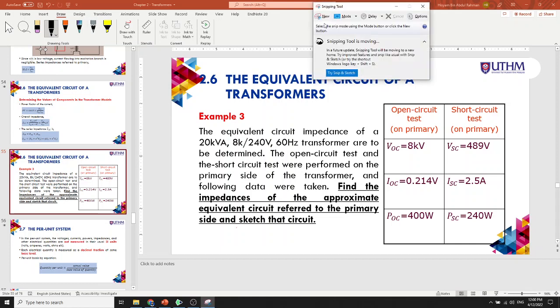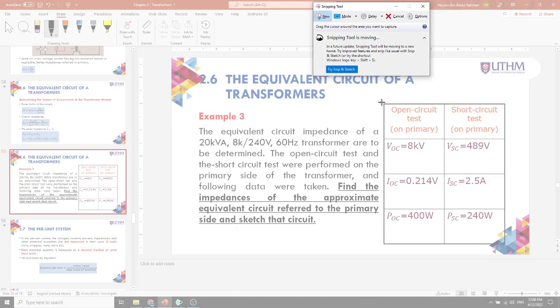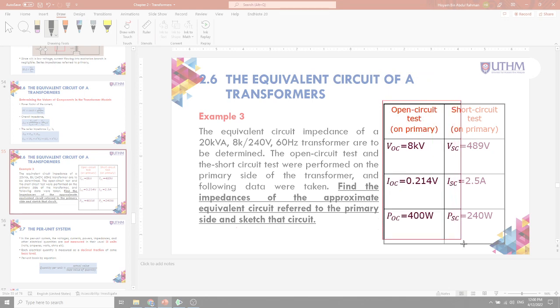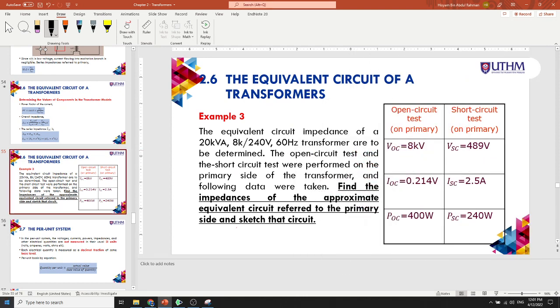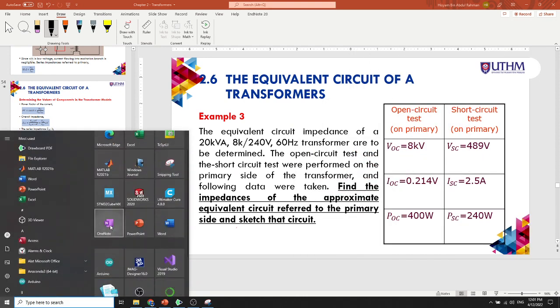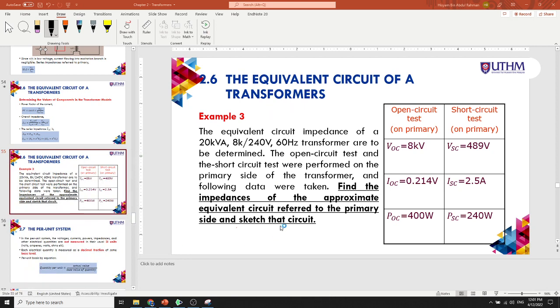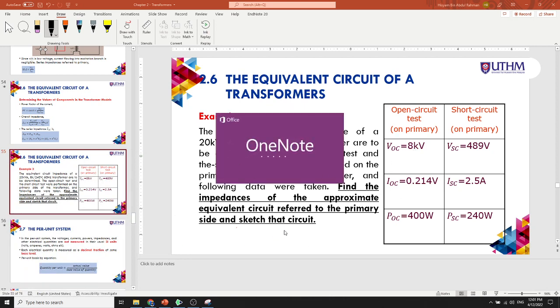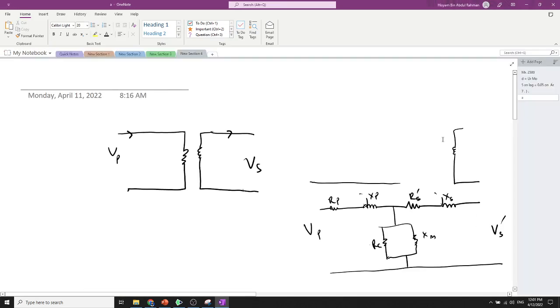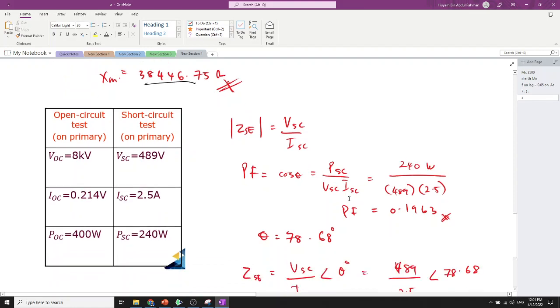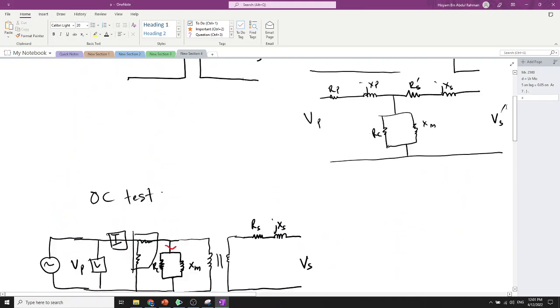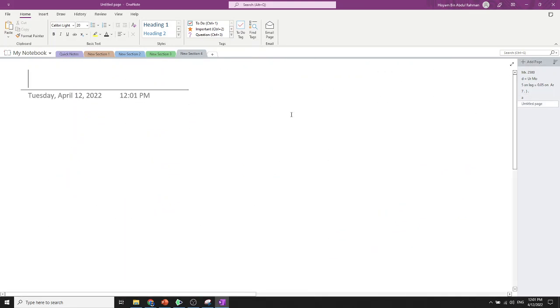I can show you the result, but that is not a very good way of study. I want you to see how to calculate it. This is from yesterday's class, you can see from the OneNote here. I already did it during the class, so now I do it for you.